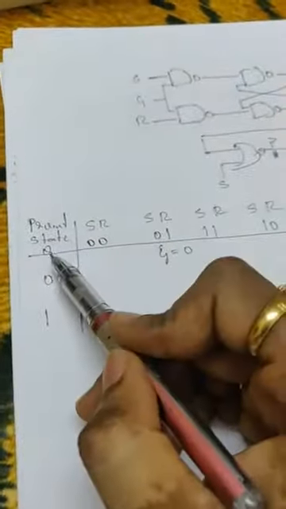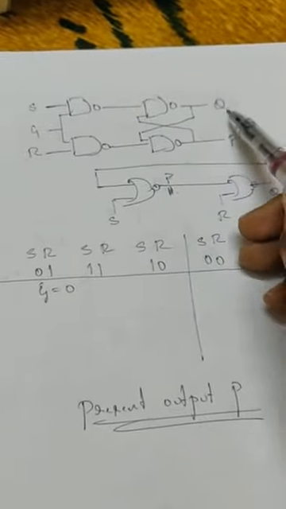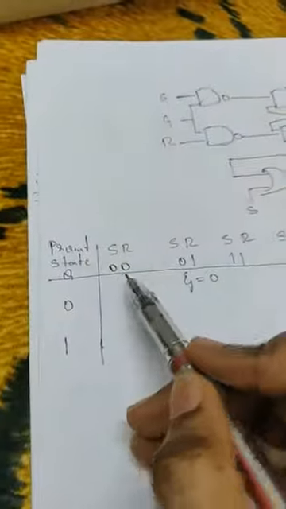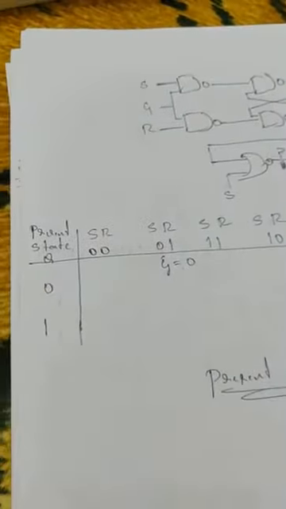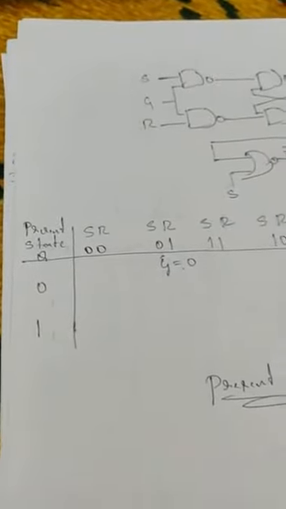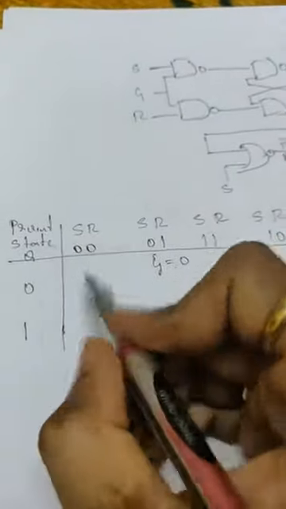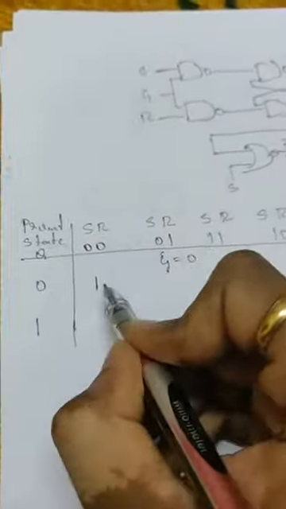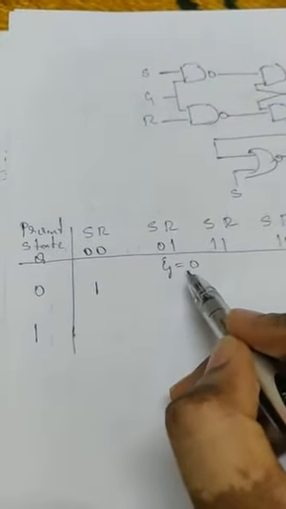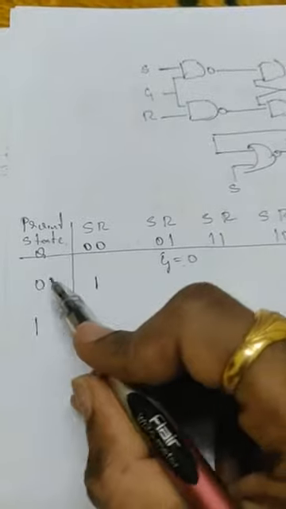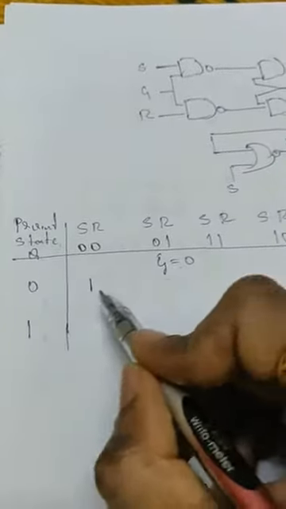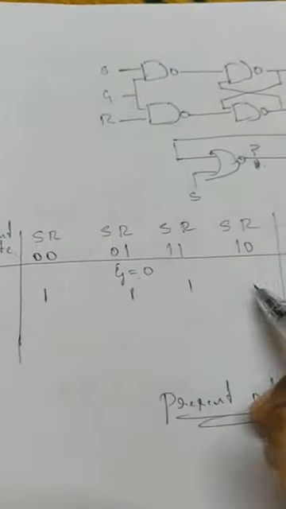Present state is Q, and P will be the complement of Q. So present state Q is 0 means G is equal to 0, and G equal to 0 means the gate is closed. Q is 0, so obviously P will be 1, opposite of Q. So G is equal to 0, whatever input you pass, P will be the opposite of Q. So 1, 1, 1, 1.